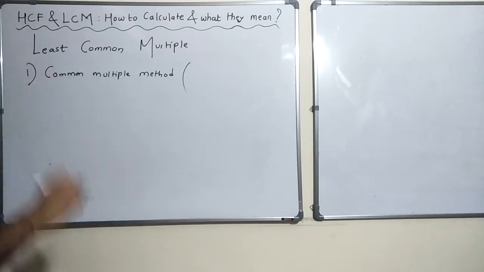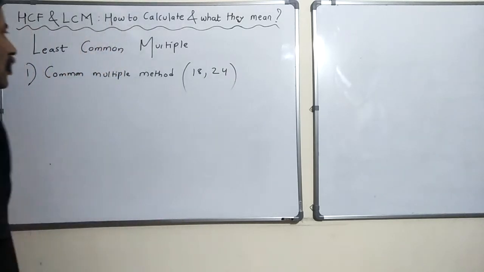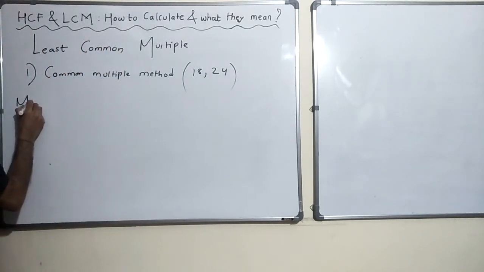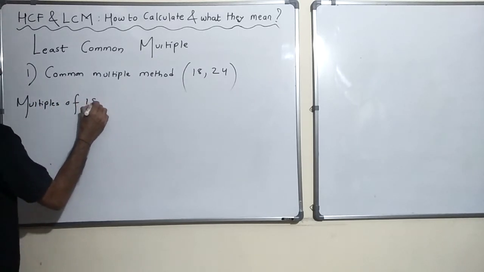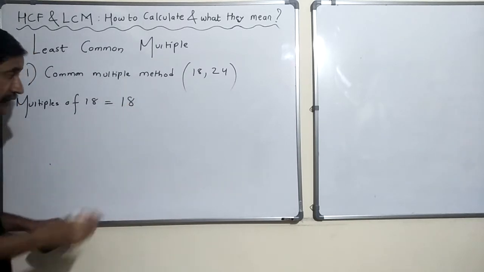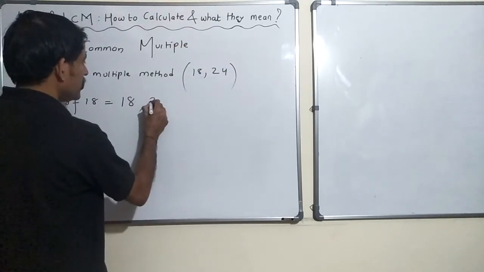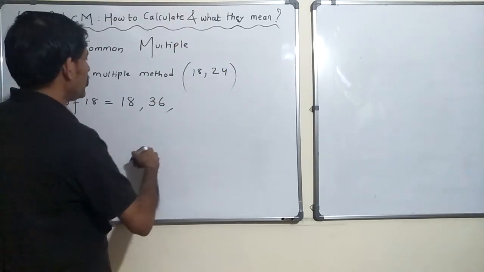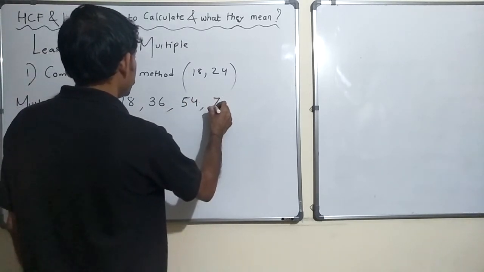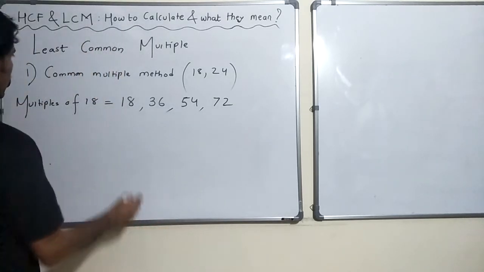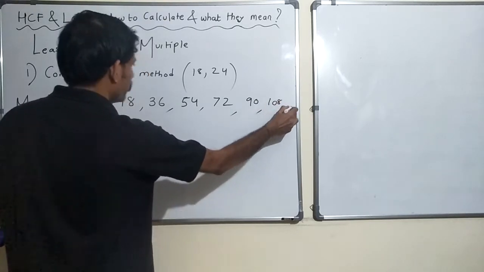Let's find out the LCM of 18 and 24 using the common multiple method. I list down the multiples of 18. 18 is a multiple of itself, so you have to jump in steps of 18. So 18, the second jump would be 36, third would be 54, and fourth would be 72, and this goes on, 90, maybe 108, and so on.